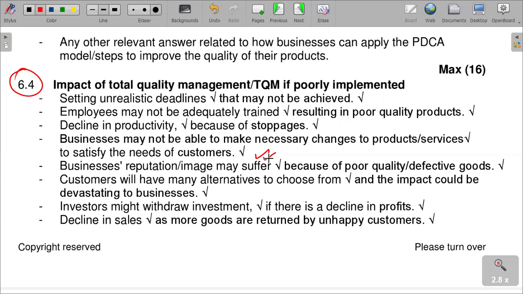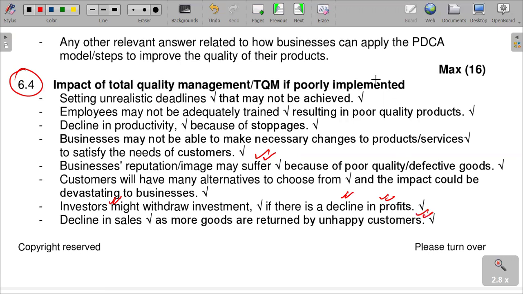Also, investors might withdraw their investment. If there is a decline in profit, it can result in investors pulling out or withdrawing their investment, and then a decline in sales as more goods are returned by unhappy customers.